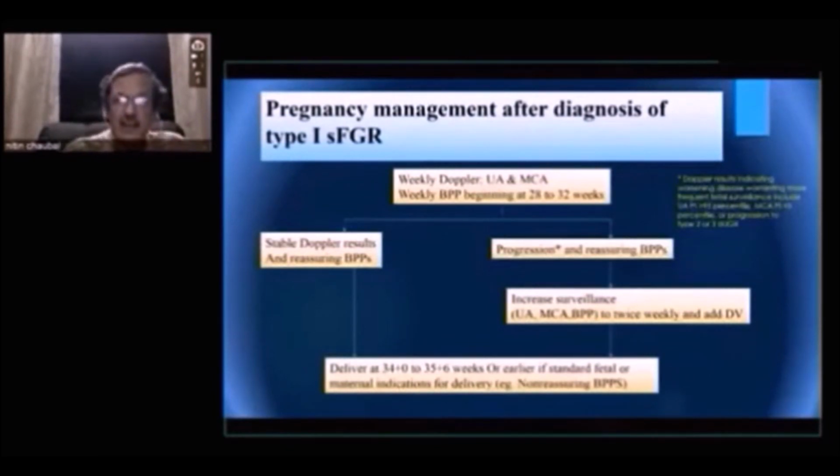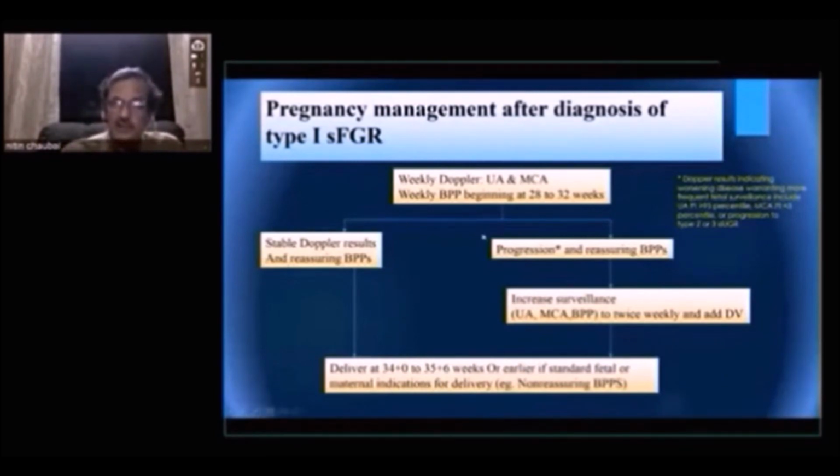Typically, in type 1 sFGR, what we need to do is a weekly Doppler, beginning from 28 weeks definitely. If everything is stable and reassuring, then we try and stretch them to 34 or 35 weeks. That will be good enough.